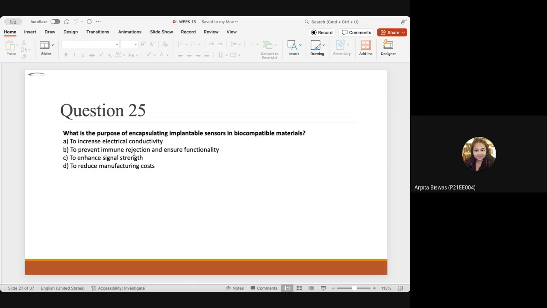So next, question number 25. What is the purpose of encapsulating implantable sensor in biocompatible material? First option, to increase the electrical conductivity. Option B, to prevent the immune rejections and ensure the functionality. Option C is to enhance the signal strength, and option D, to reduce the manufacturing cost.